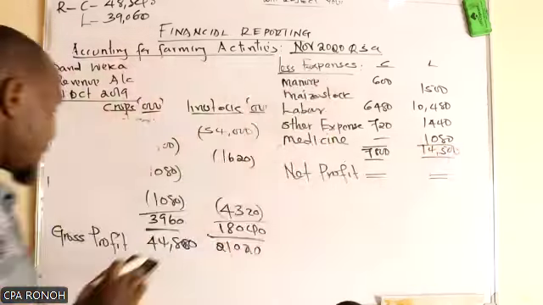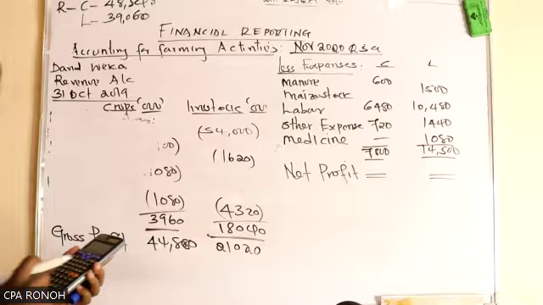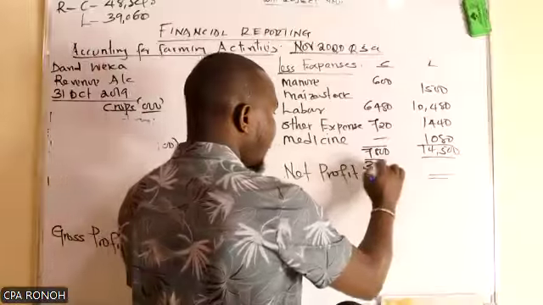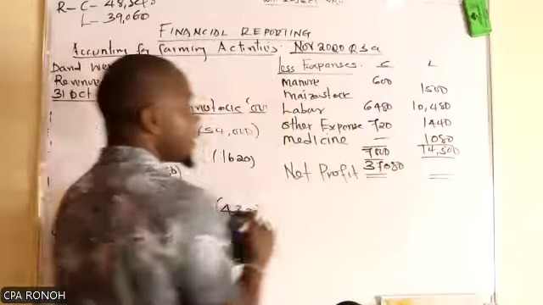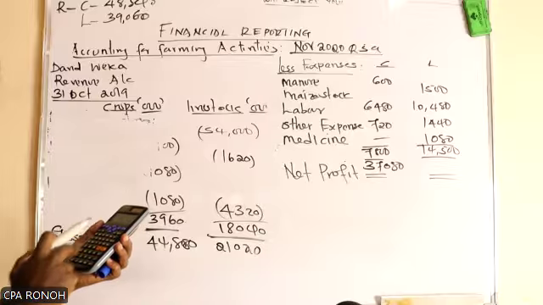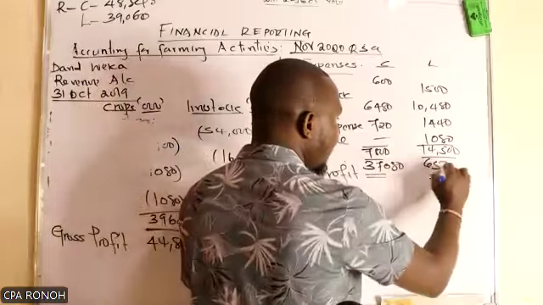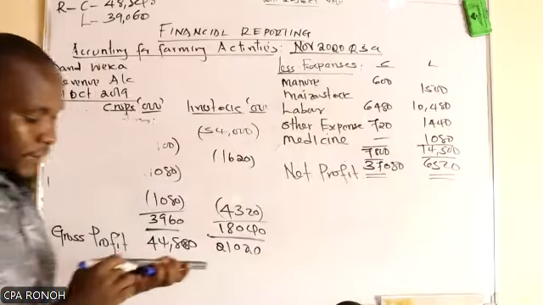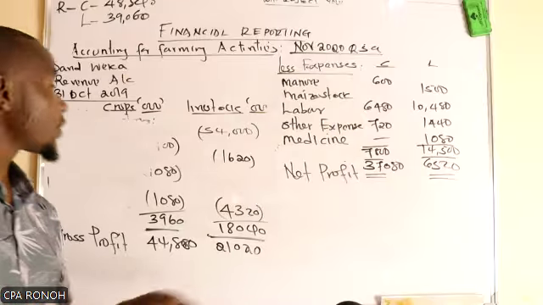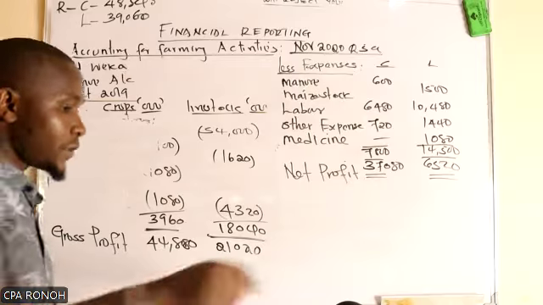Get the net profit. 44,880 minus 7,800 is 37,080. The other side is 21,020 minus 14,500, getting 6,520. So that is the revenue account.